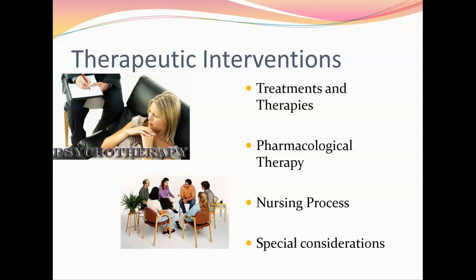We may need to assist with their physical hygiene and ADLs, use a very matter-of-fact, non-judgmental approach, very clear, simple, concrete terms when talking with the client. Accept and support their feelings.